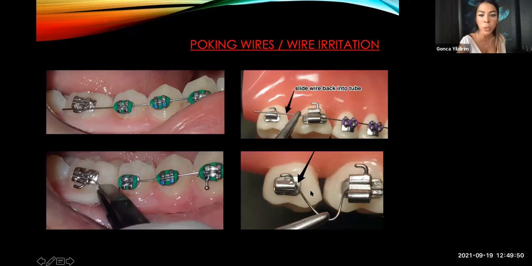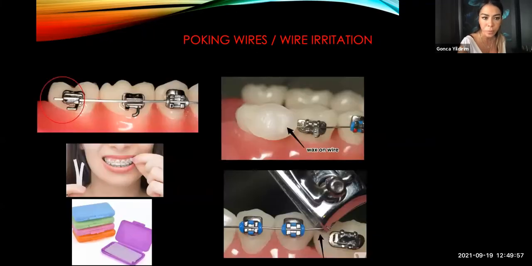But in the clinic, you can use a Portuguese plier to hold the wire, and you can put it into the tube. If the patient cannot do it like this, the patient can use wax on the distal side of the tube, or if the orthodontic wax is lost, I recommend my patients use sugar-free hard gum.